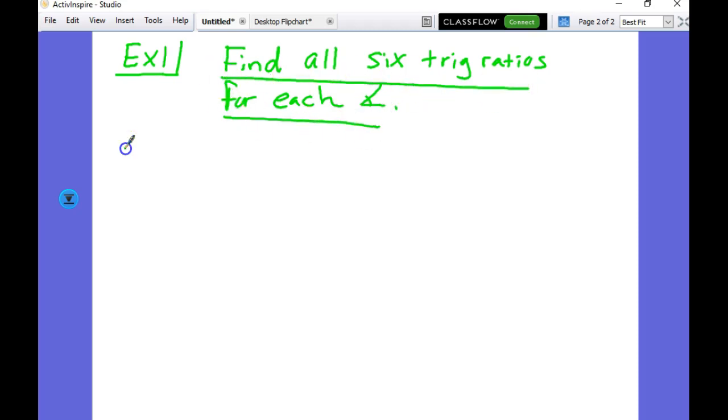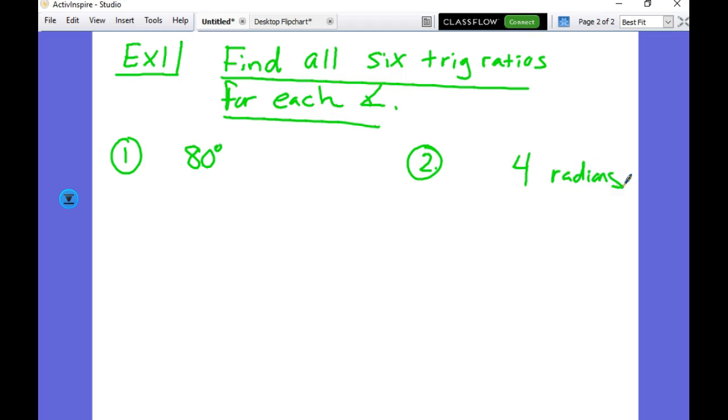I'm going to do 2 problems. I'm going to do one in degrees, and I'm going to do another one in radians. Now, it's not going to look like radians, but it is. I'm just going to say 4 radians.